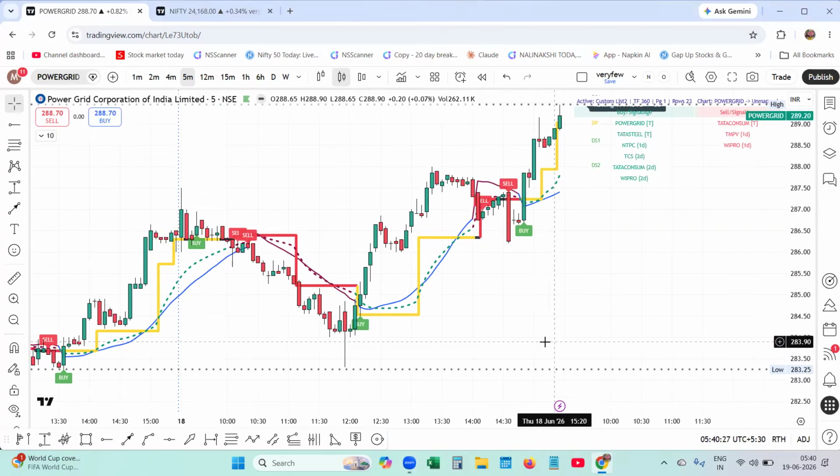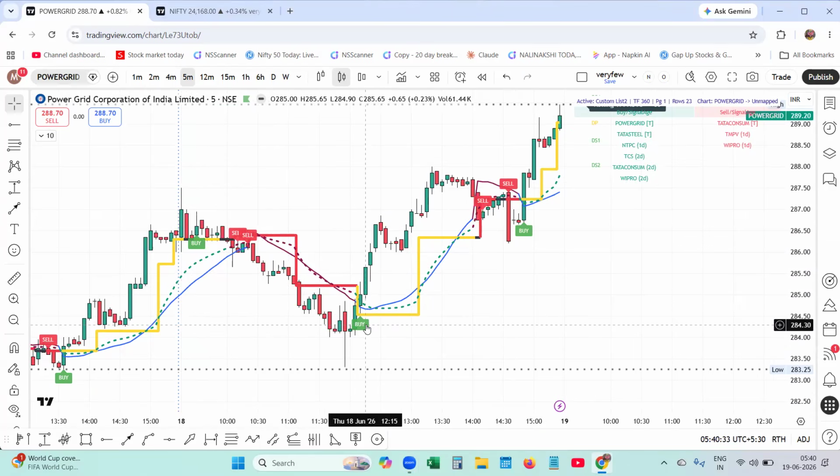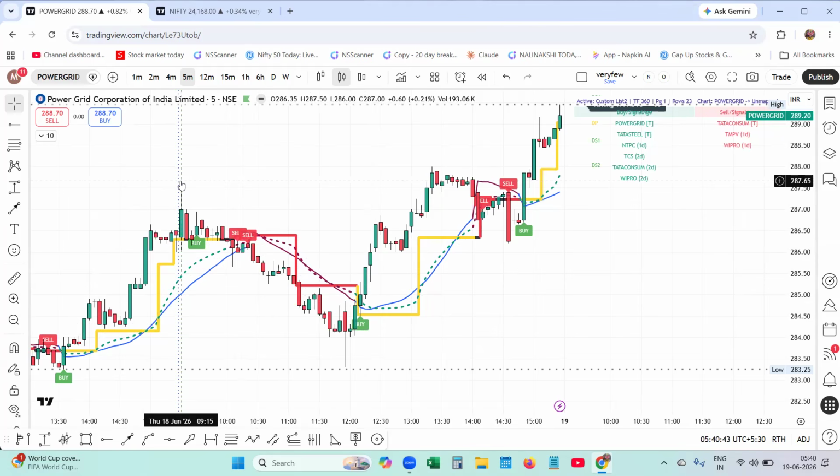What happened yesterday is we got into this stock and it started coming down. Then you can keep a sell alert here, or since it is biased, because of the 6-hour buy sell signal, you can keep it for a buy signal. How can you do that?